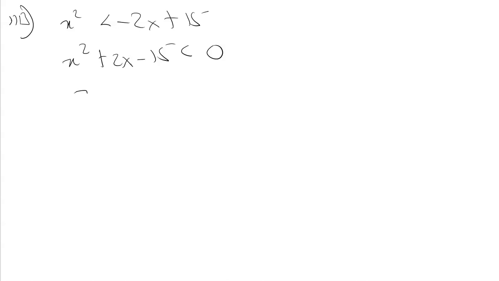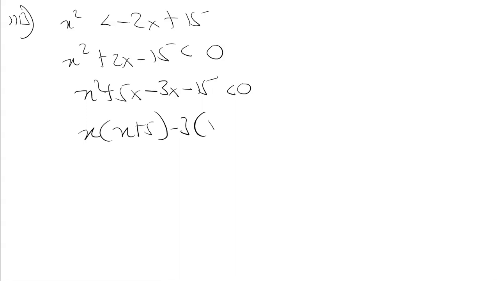So here we have x squared plus 5x minus 3x minus 15 is less than 0. We will factorize: x(x plus 5) minus 3(x plus 5) is less than 0.